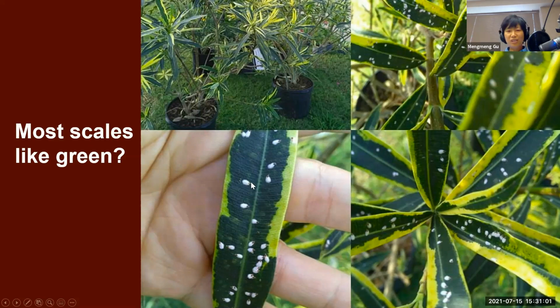And when I looked closer, it seemed like most of the scales were concentrating on the green part. I was thinking, is that because the green part is making more sugar than the less green part? Could that be the issue? It's not even a fun fact. It's just a fun hypothesis.